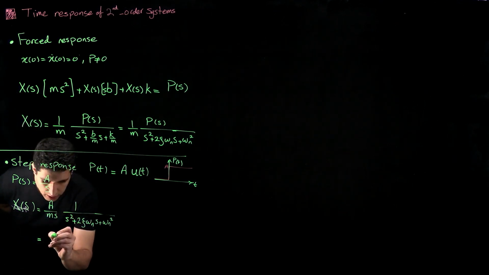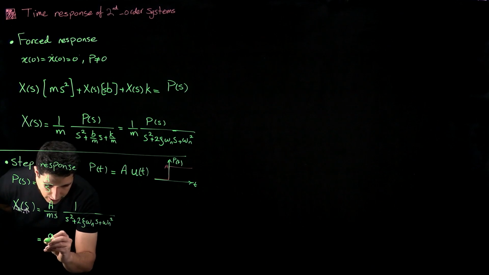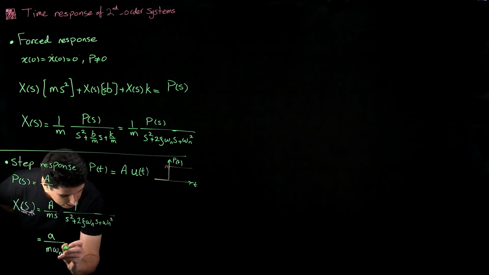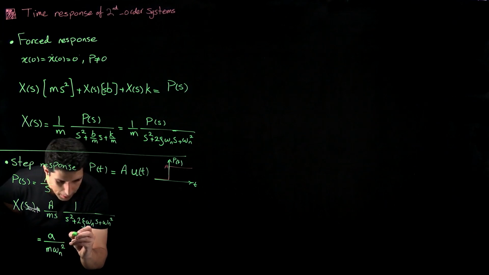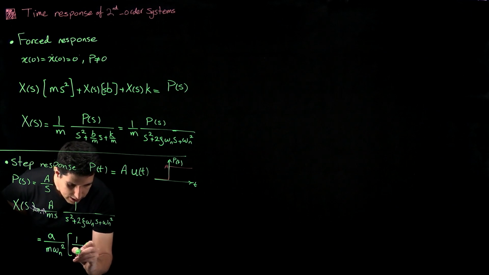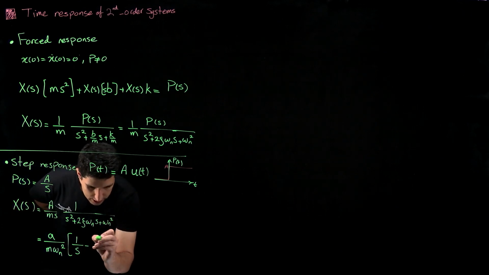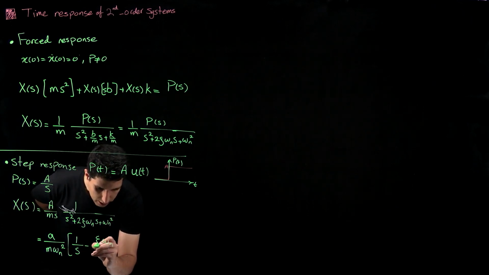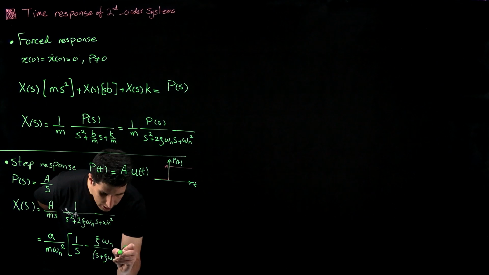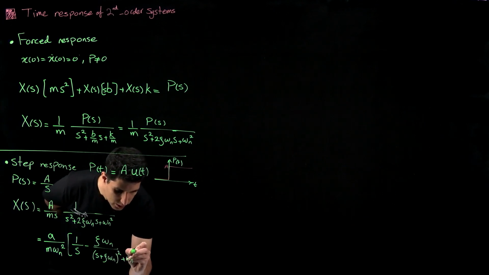In the end, I arrive at a over m omega n squared, 1 over s minus z omega n over s plus z omega n squared plus omega n squared.